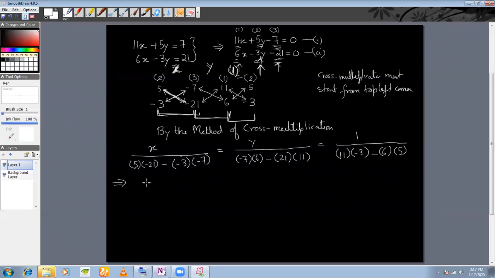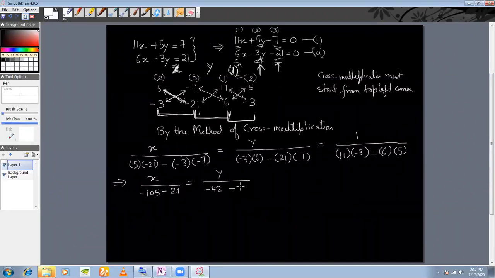That means now we start simplifying. So 21 into 5 will give you minus 105, and you have a minus minus which becomes plus, and plus minus is again a minus, 7 into 3 is 21, is equal to y by 7 into 6 with a minus sign is 42, and you have minus 21 into 11.